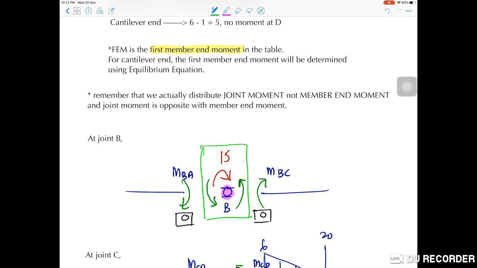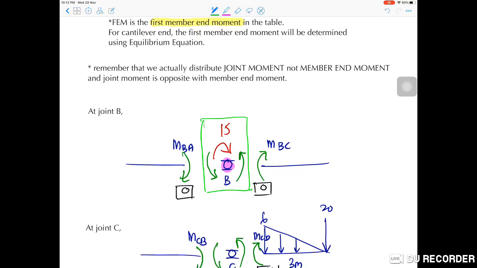Since there is no FEM at member AB, and there is no FEM at member BC, the value is 0. So the joint moment at joint B is 15.